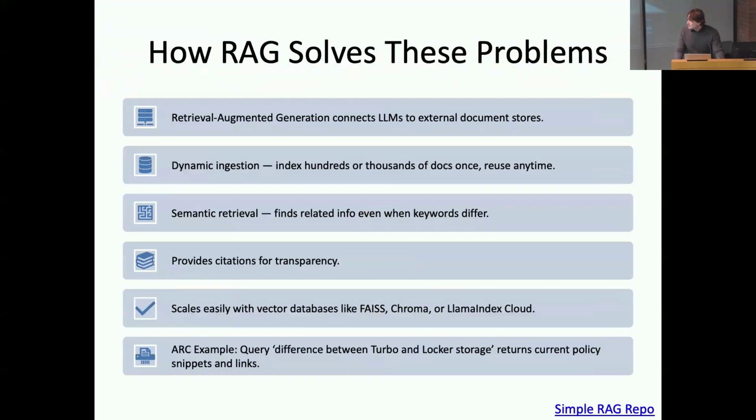RAG is Retrieval-Augmented Generation. It solves a couple of these issues. How RAG works is that you think of it as a database, and your LLM is your research assistant. Your research assistant is then able to reference your database, and this can be gigabytes.